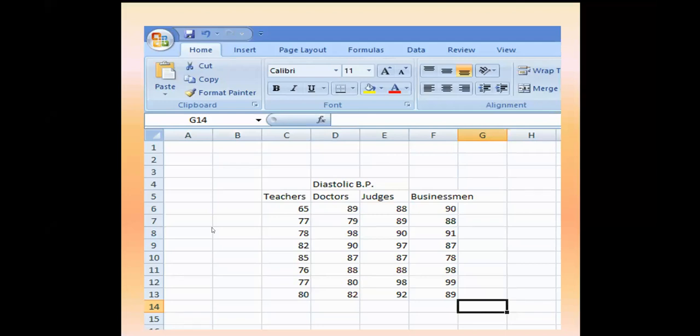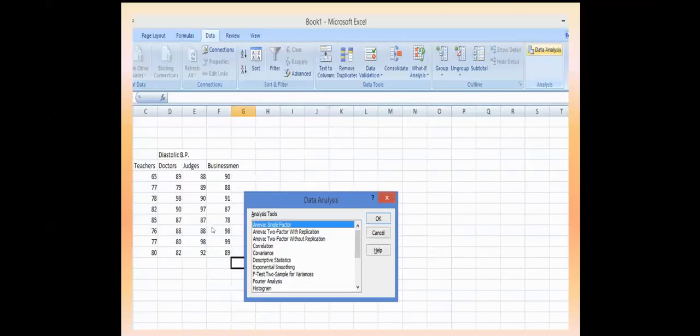Then you want to analyze it. So you will go to Data; on the upper side you can see Data is written. So we have to click Data, and when you click it, you will find in the right corner Data Analysis appearing.